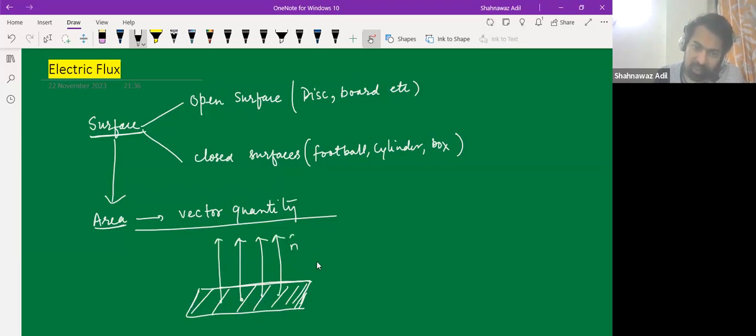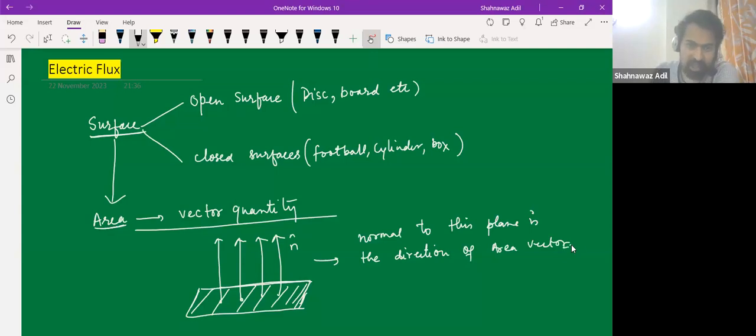So normal to this plane is the direction of area vectors.